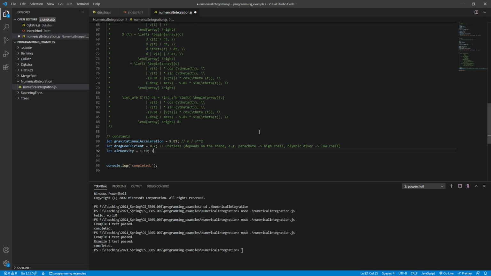Okay, so then air density. This is somewhat arbitrary. I mean, you can pick, but you want it to be realistic as well. So we'll default it to 1.19 kilograms per cubic meter. I feel like you ought to be able to convert this from air pressure and then the average distribution of air, right?